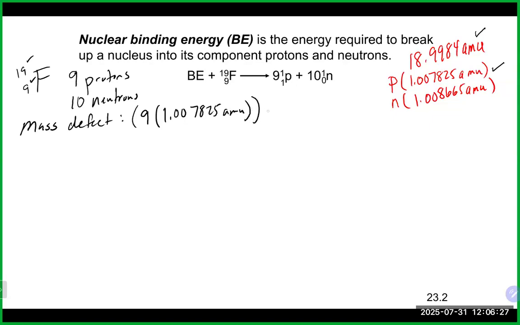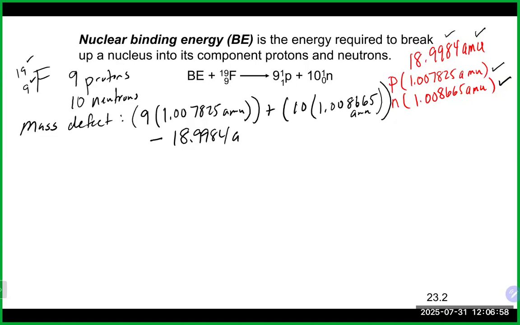I am then going to add 10 times the mass of a neutron, and as you remember, the neutron is the heaviest of those 3 particles, protons, electrons, and neutrons. This is basically the mass of our subatomic particles. I'm going to subtract that from the atomic mass of the isotope, 18.9984 AMU.